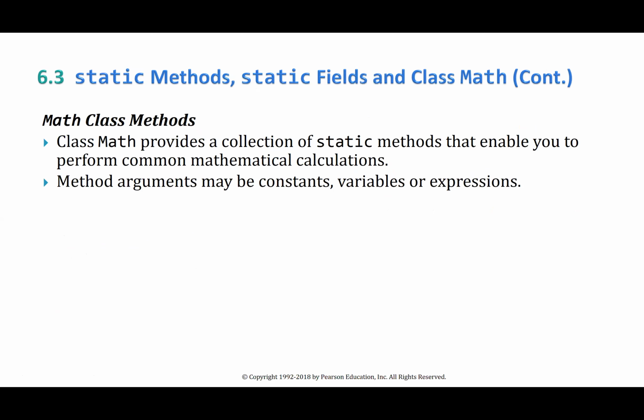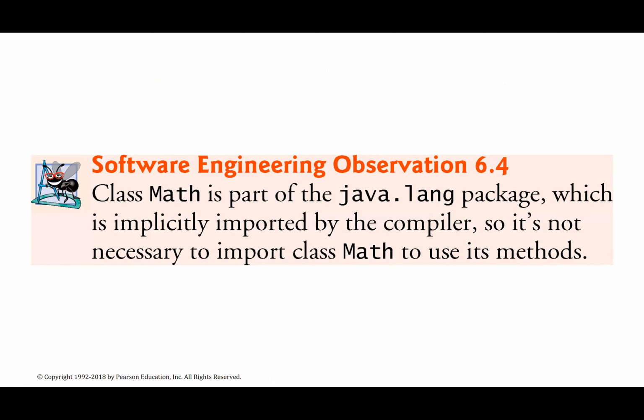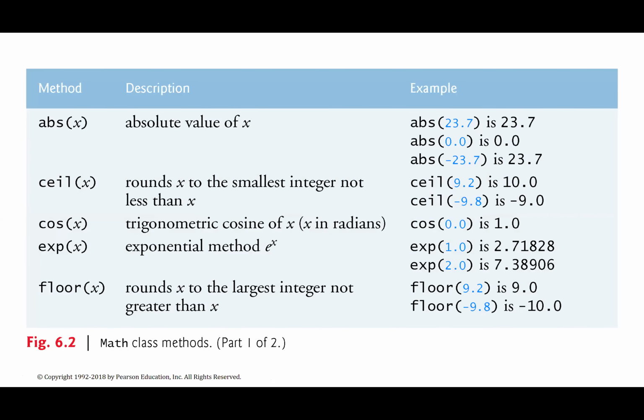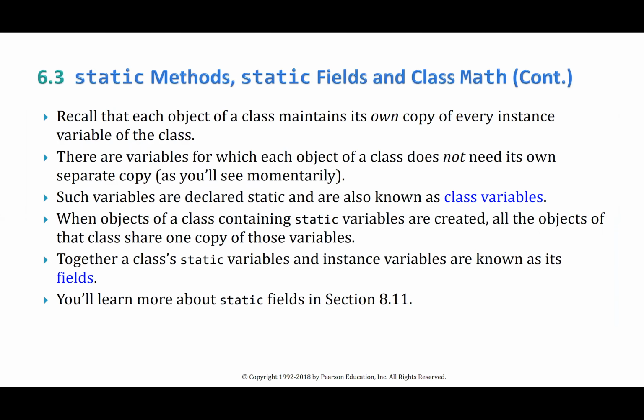For instance, the Math class has a collection of static methods that you can use to perform mathematical calculations. You don't have to make an instance of the Math class to be able to use them. Again, Math is part of java.lang, so we don't have to import it. Here are some of the methods you can use in the Math class, and we'll look at some examples of those.